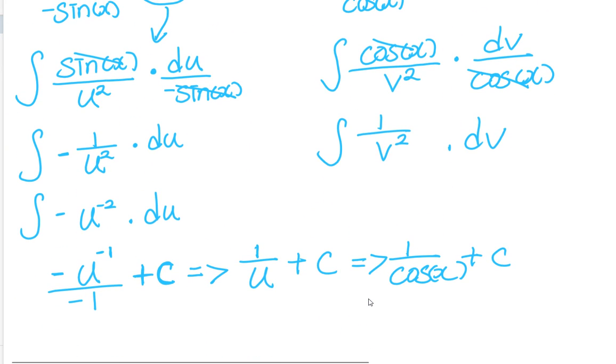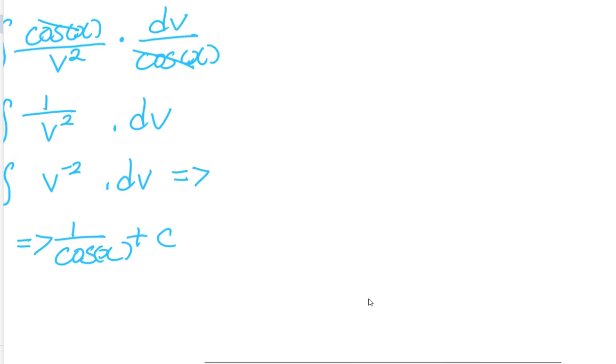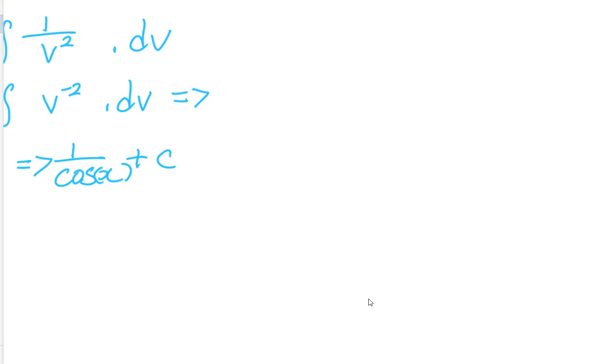So this is the same as integrating v to the power of -2 dv, which gives us: add 1 to the power, it becomes -1 divided by the new power, plus c. So this gives us -1 over v plus c.